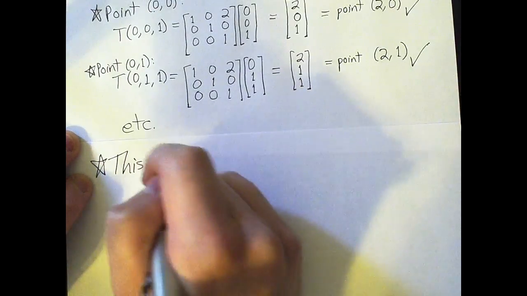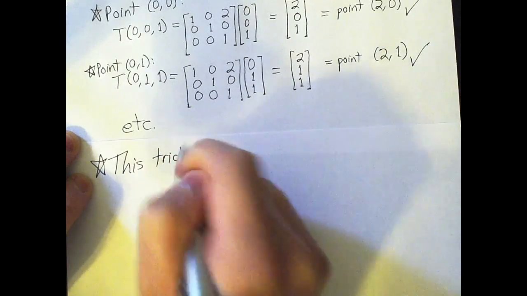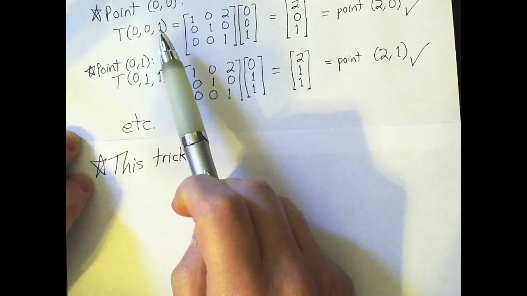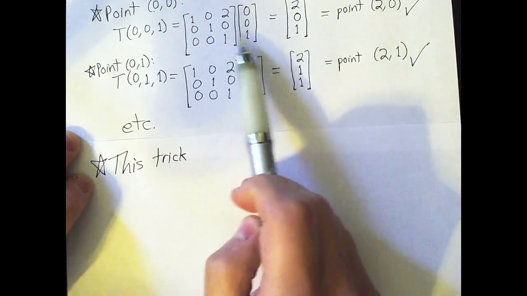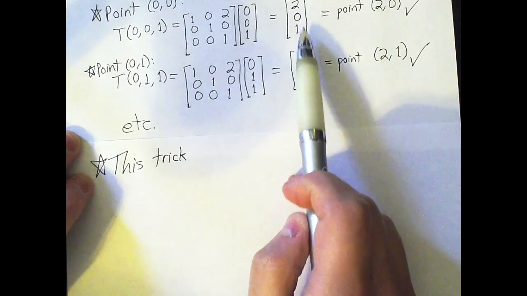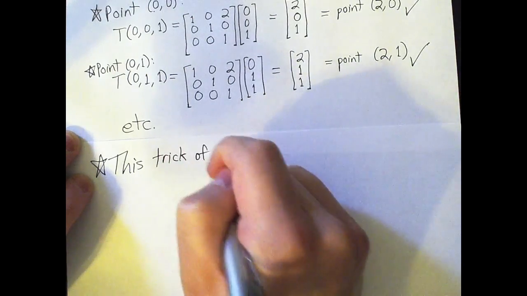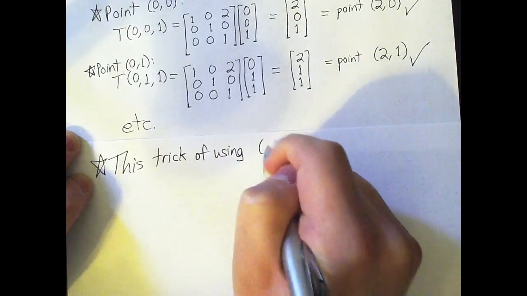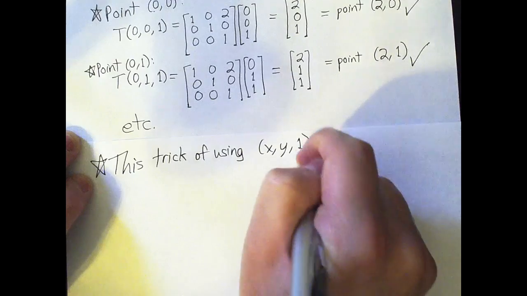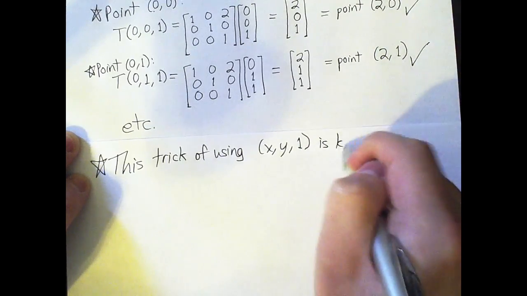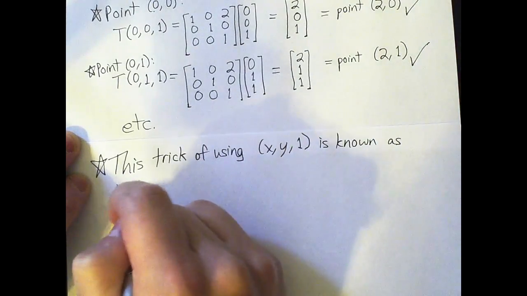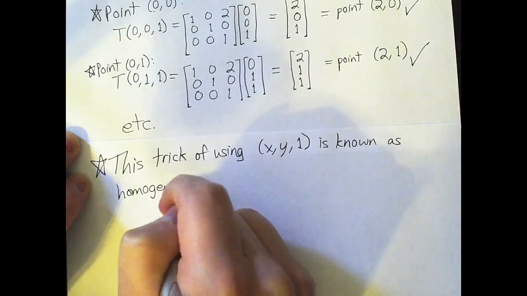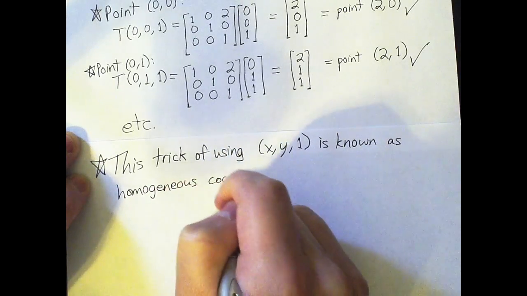This trick, what is the trick really? Essentially we added an extra coordinate of 1. We apply a linear transformation to it, and then we remove the 1 from the answer. So this trick of using x comma y comma 1 is known as homogeneous coordinates.